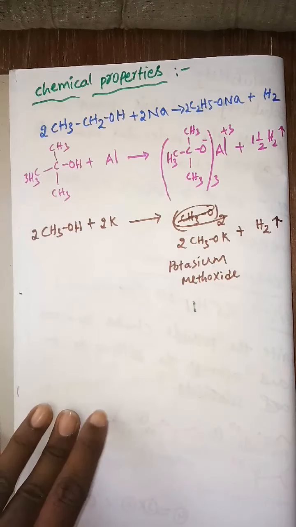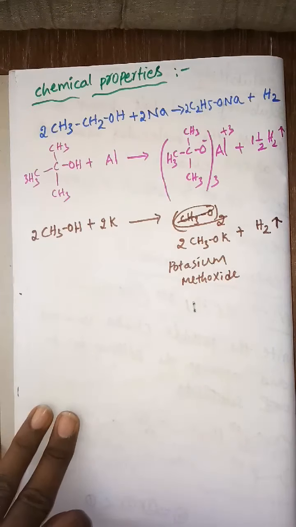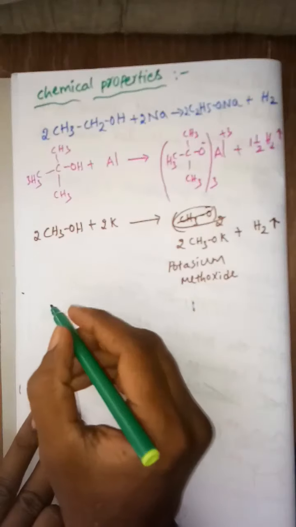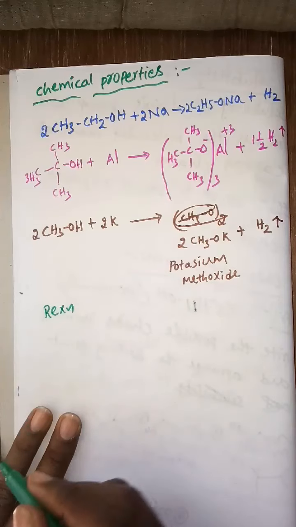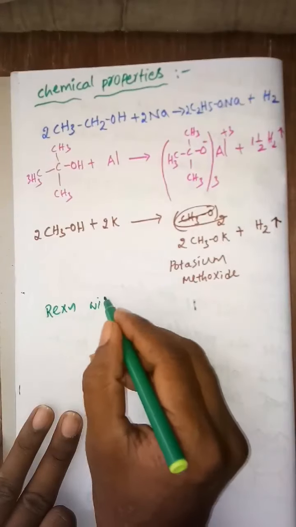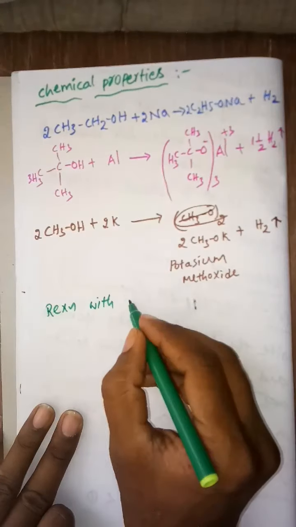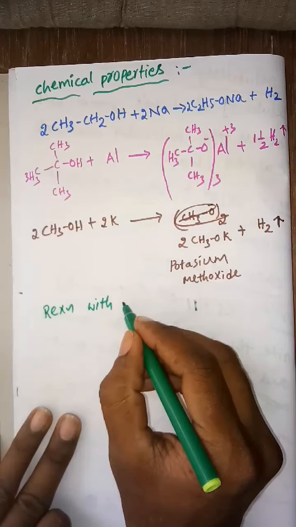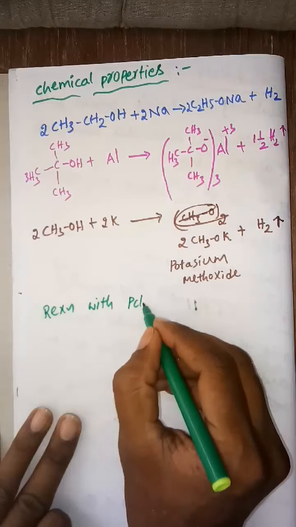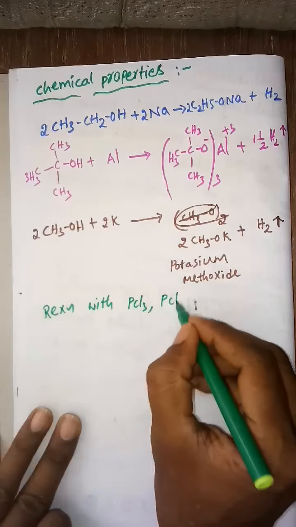And the next one is the reaction of alcohols with PCl3 and PCl5.